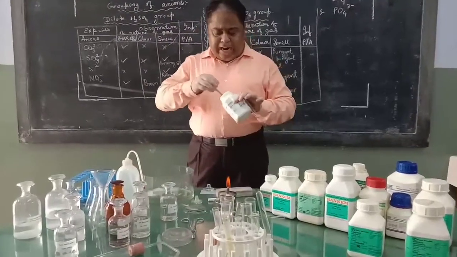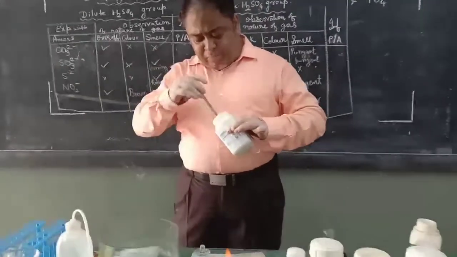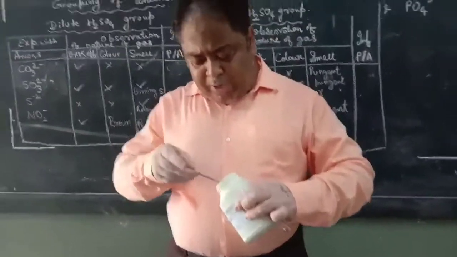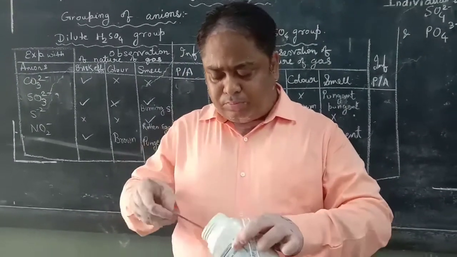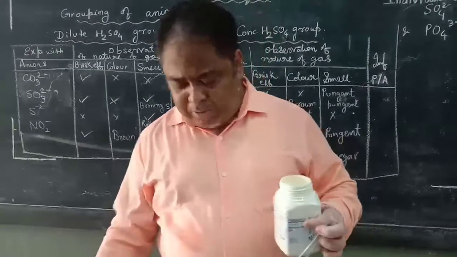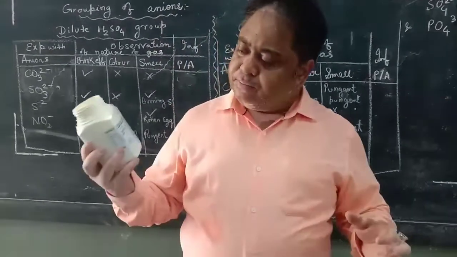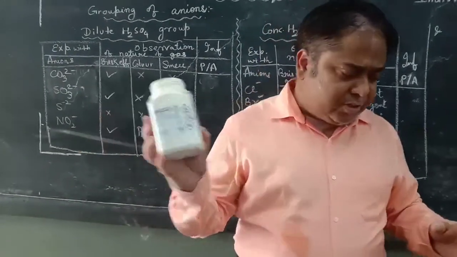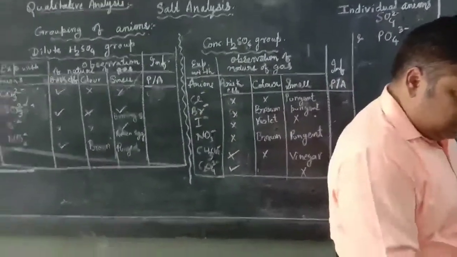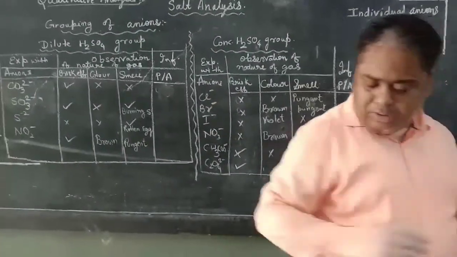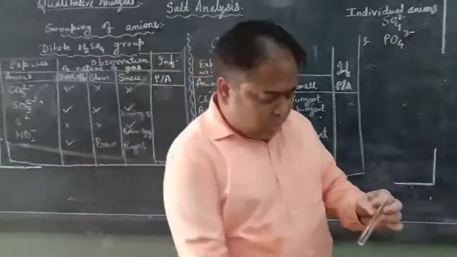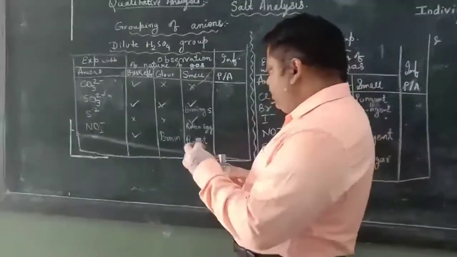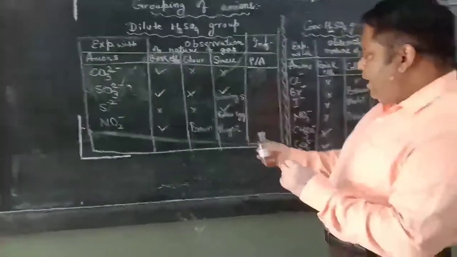When you do a dry test, ensure that the test tube is dry, but when you are doing the dilute H2SO4 test, a little bit of wet test tube will also do. I repeat, I have taken sodium nitrite, NaNO2. Now, to this I will add dilute H2SO4 and I should get brown color and pungent smell.